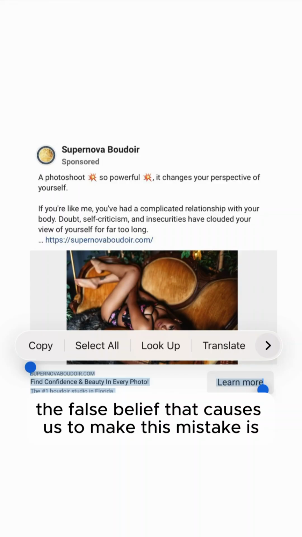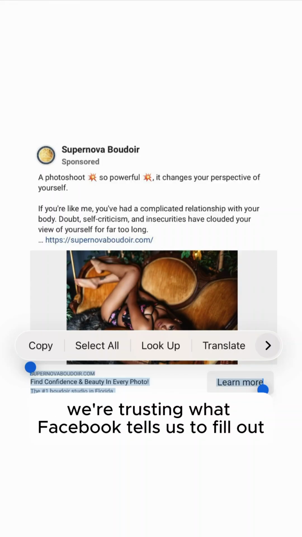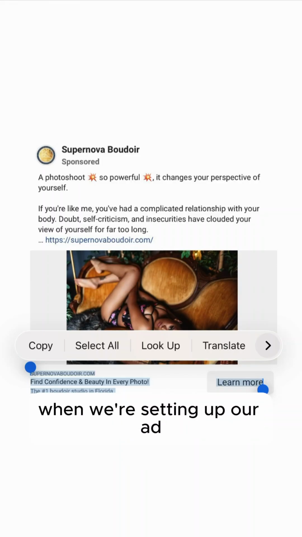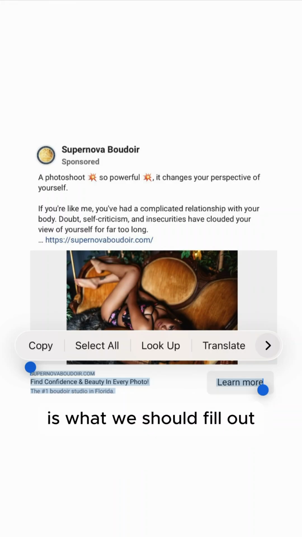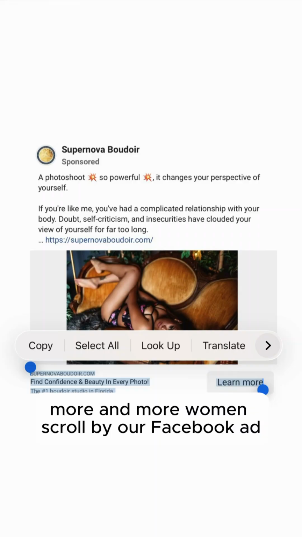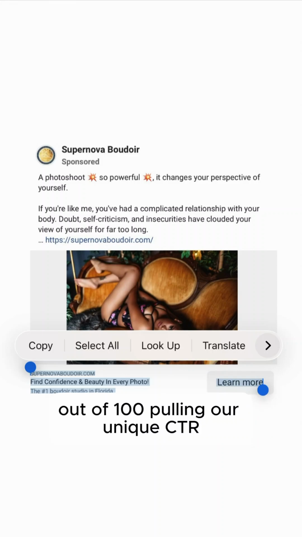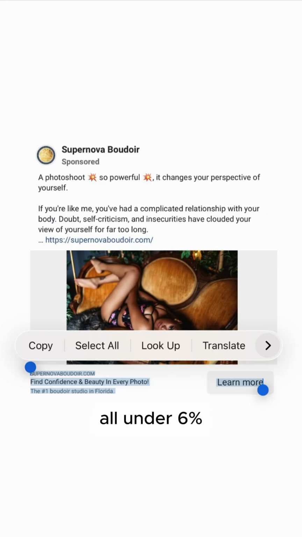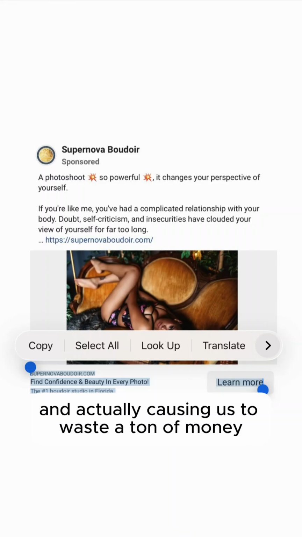The false belief that causes us to make this mistake is we're trusting what Facebook tells us to fill out when we're setting up our ad is what we should fill out. But the consequence of following this false belief is more and more women scroll by our Boudoir Facebook ad out of 100, pulling our unique CTR under 6%, and actually causing us to waste a ton of money.